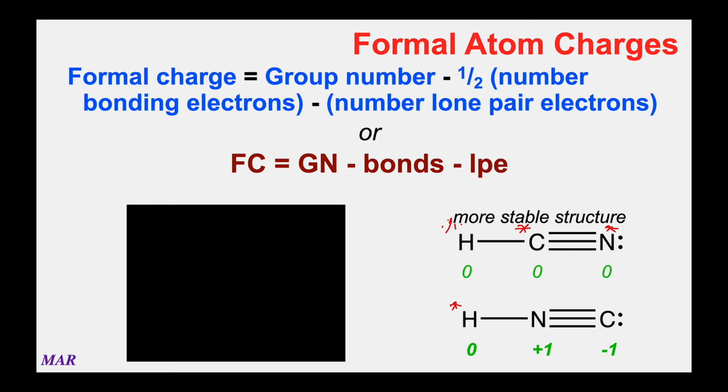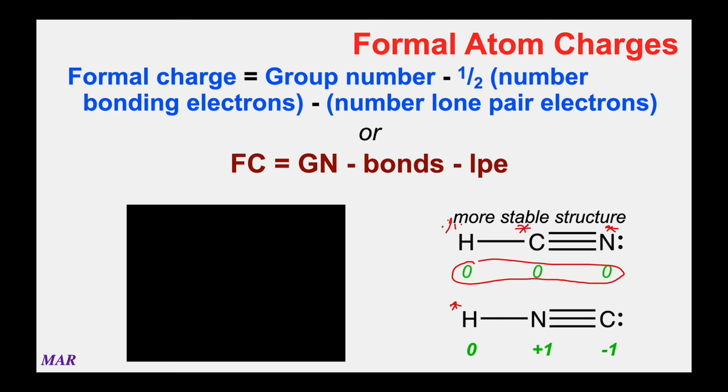If you add up the 0, the +1, and the -1, it also goes to 0, so that's a legit resonance structure. But when it comes to the more stable structure, the more zeros you have, the better. And HCN has a lot more formal charges of 0 than hydrogen isocyanide. So we would say here that HCN is more stable.